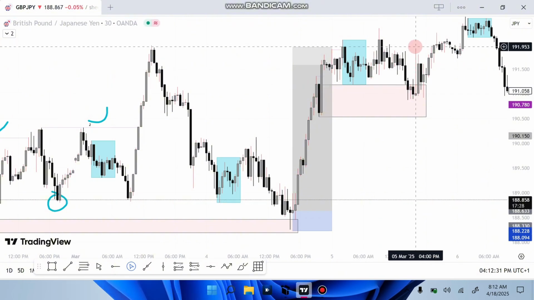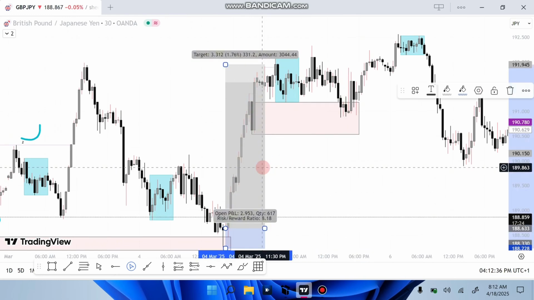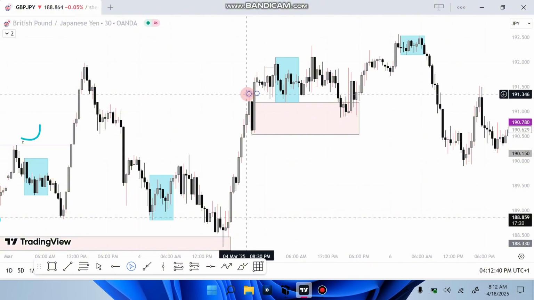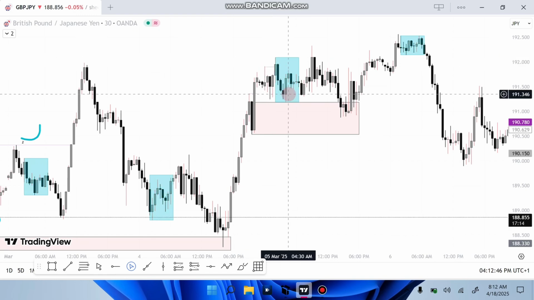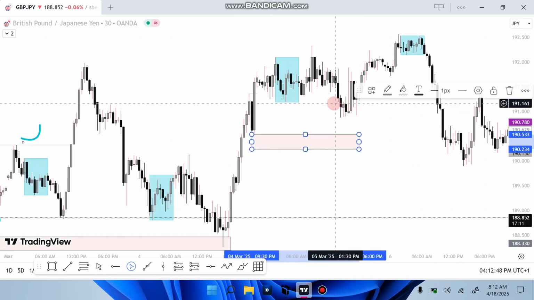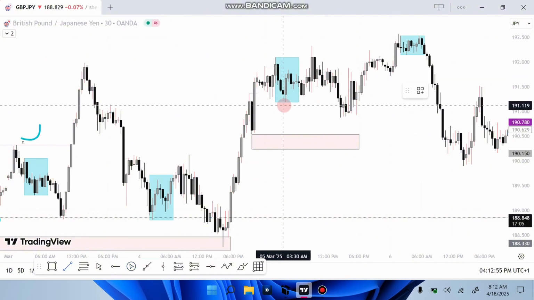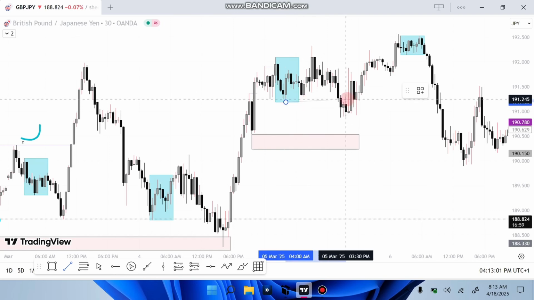Okay, so this is the second example on the GBPJPY chart again. This is the first break of structure, and this is the second break of structure for me. And all I wanted to see is price come and take the previous lows, okay? The previous low that was formed was this one right here, which is the Asian low.